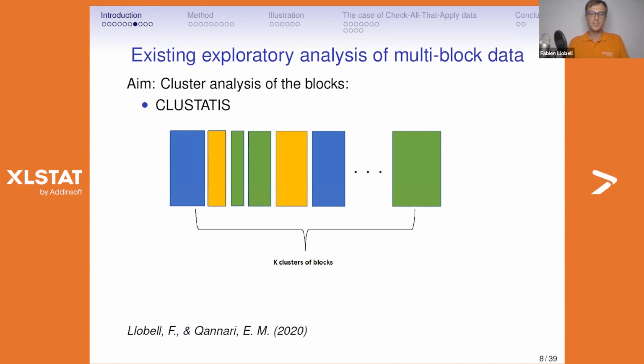So the cluster analysis of blocks makes a cluster analysis of participants, and the participants have several points of view on the products and the descriptors. So this cluster analysis allows us to cluster participants based on their several points of view.